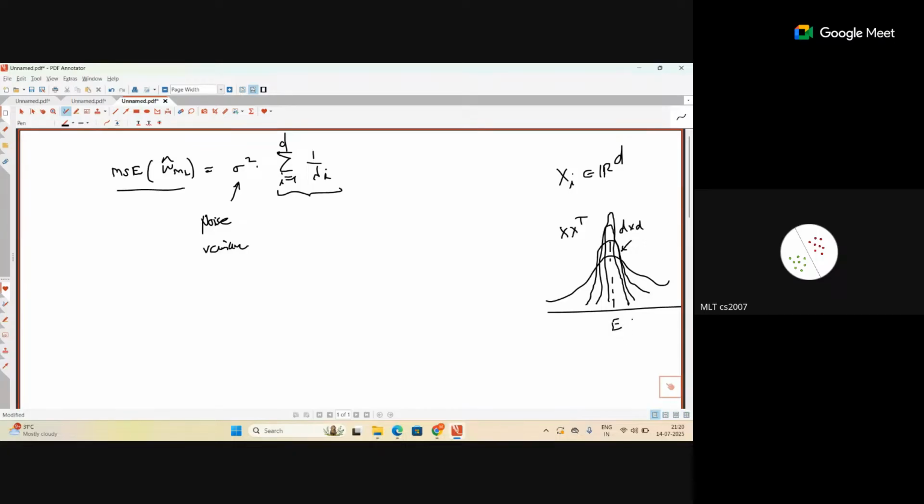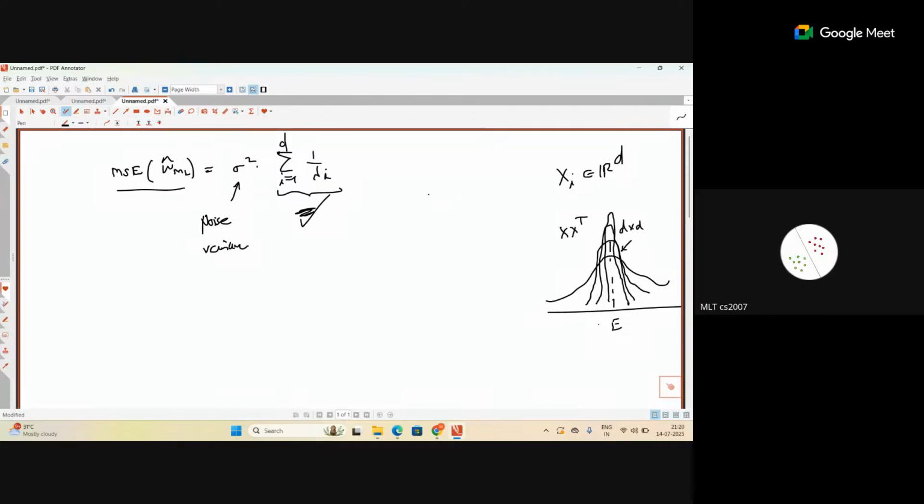But I cannot change this noise variance. So the only quantity I can change, or maybe do some experimentation with, is this part only, the second one, the lambda part.